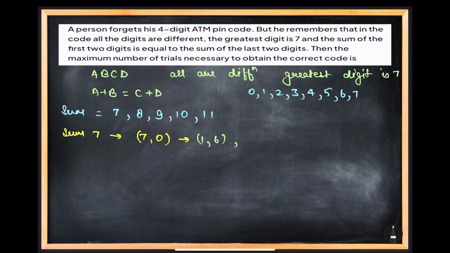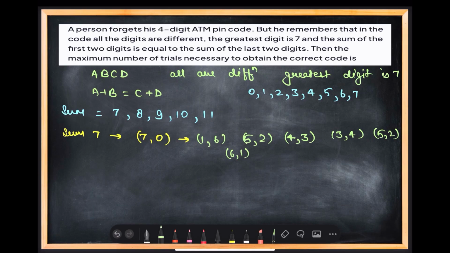Then 5 and 2, then 4 and 3. Okay. Now you have to change the order. So it would be 3 and 4, 5 and 2, and 6 and 1. Okay, so corresponding to 7 we have 6 cases.